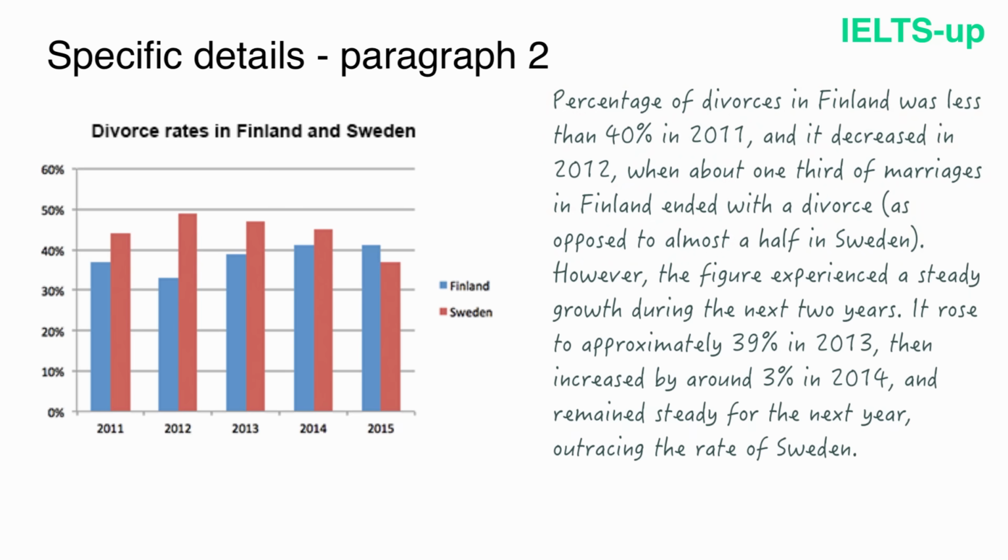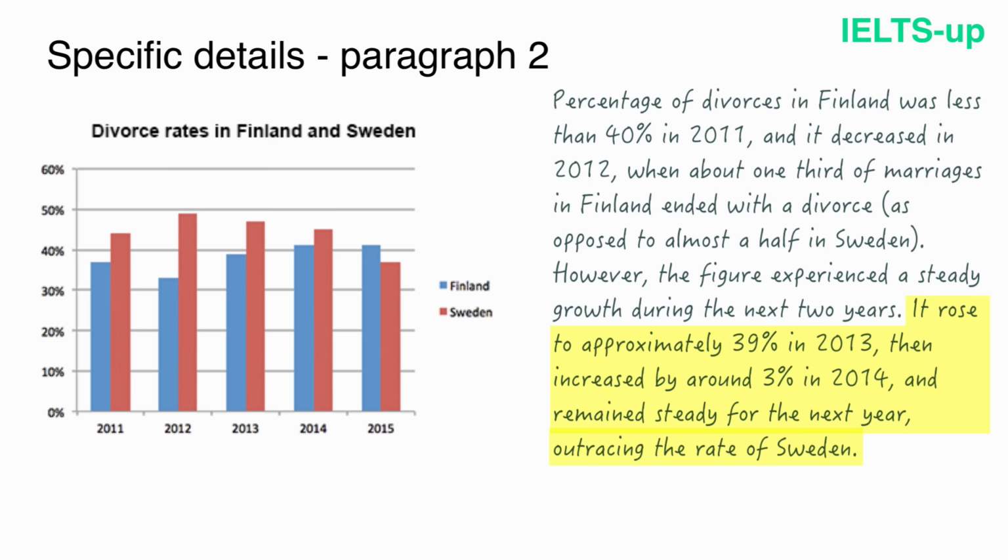Then, from 2013, Finland's rate changes in opposite direction. It starts increasing, so I start the next sentence with the word "however" and say, "However, the figure experienced a steady growth during the next 2 years."